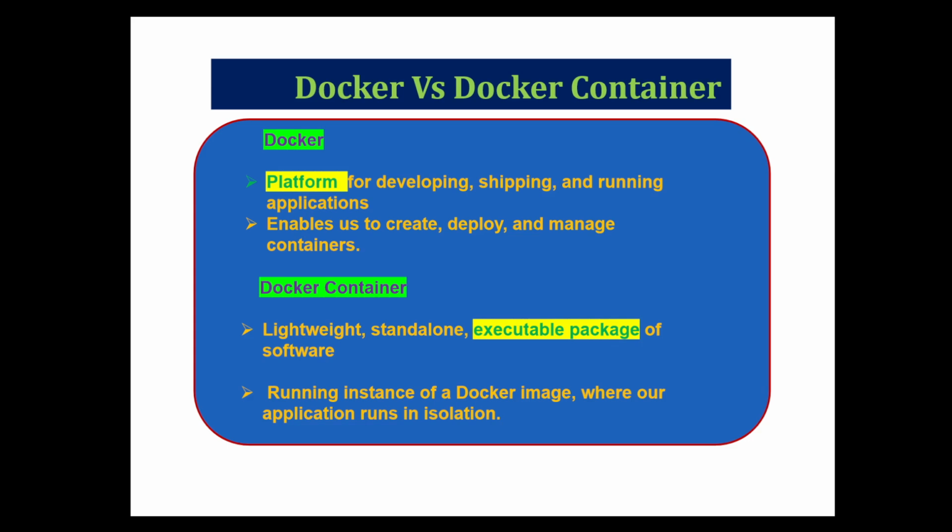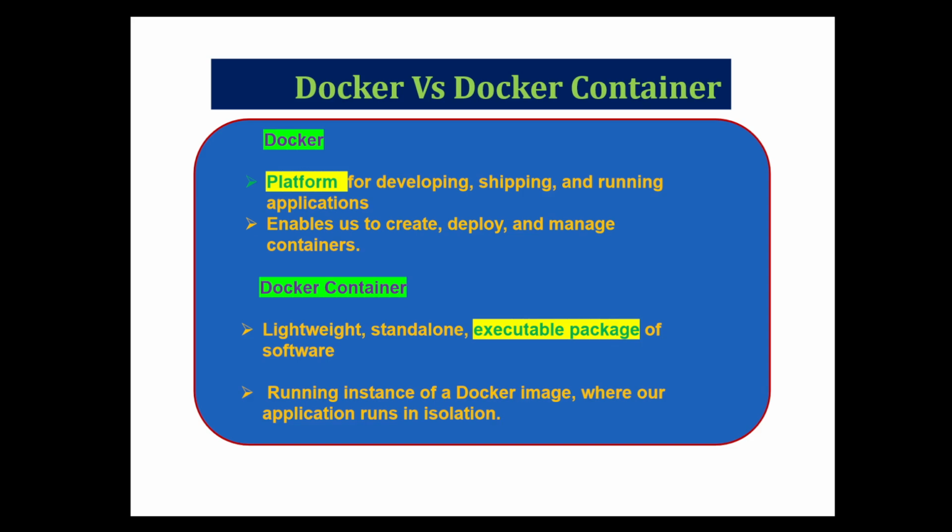Once we execute the build command, the Docker image gets created. With the help of Docker build, we can create a Docker image, and when we run the Docker run command, we actually run that image.